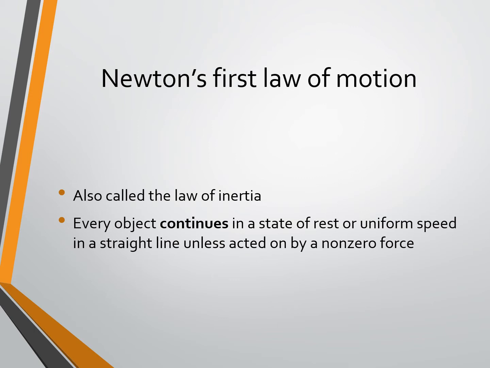There is a lot more to Newton's first law of motion than what Galileo originally stated, right? Galileo's original statement was constant speed in a straight line unless it's interfered with. So now we have a more clear definition of what interference is. It is a non-zero force. So it's this non-zero force that we need to be aware of.